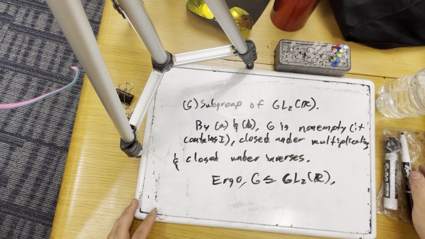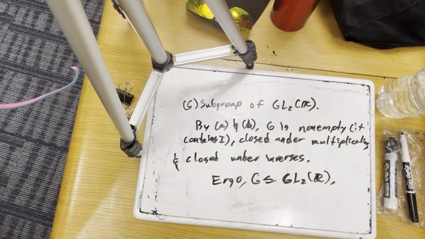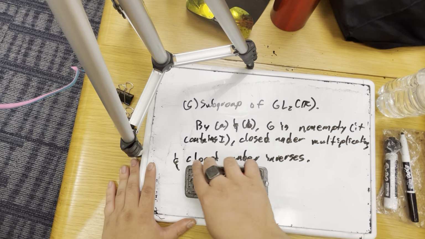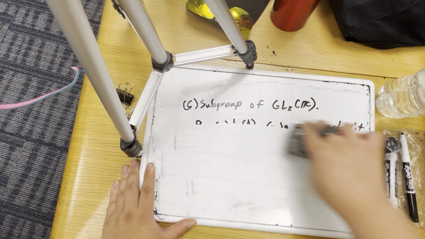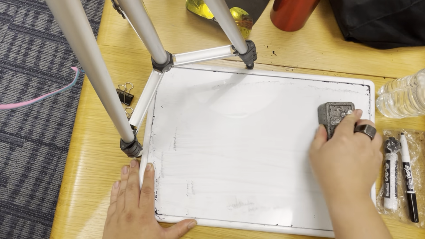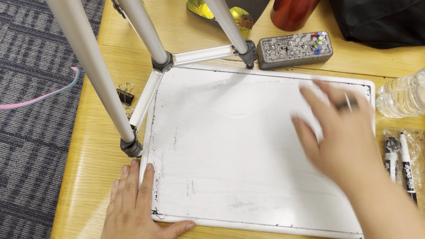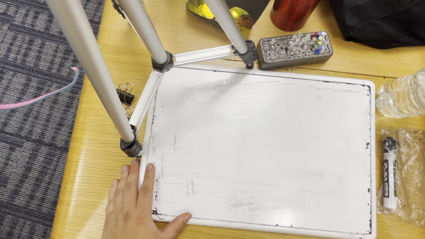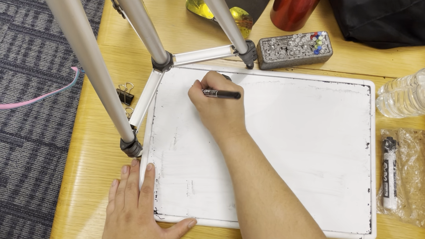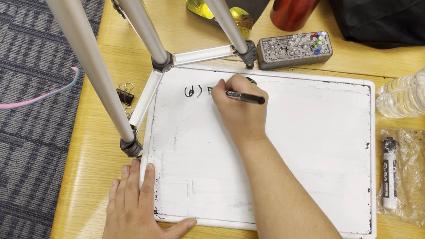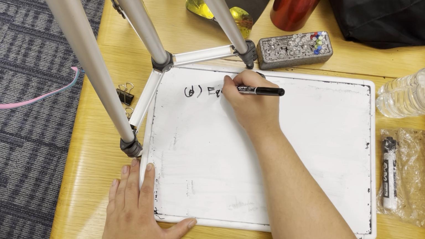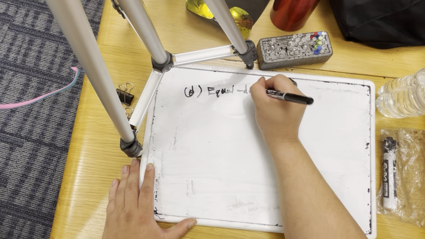All right, on to part D. So for part D, equal diagonal subgroup.